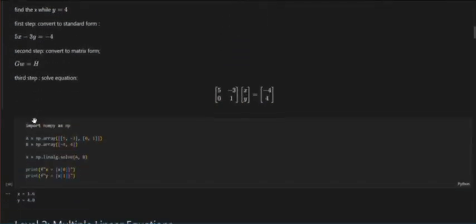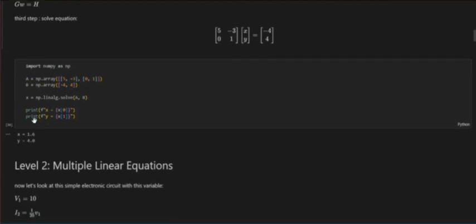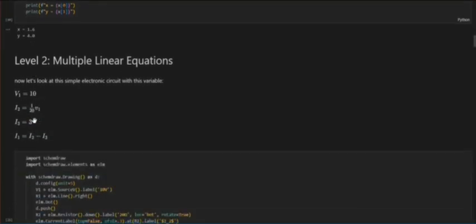Level 2, handling multiple equations. Now let's look at more complexity. Think about an electrical circuit with multiple currents and voltages. Instead of solving each equation manually, we can express them in a matrix form, for example, Ax equals b.